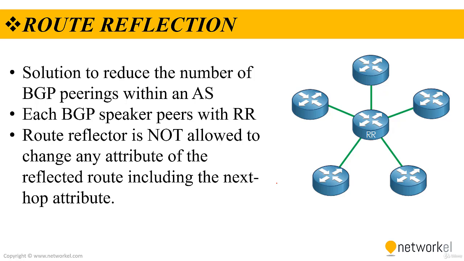Routing advertisements sent to the route reflector are then reflected out to all of the other BGP speakers. The route reflector reflects routes considered as best only. Additionally, a route reflector is not allowed to change any attribute of the reflected route, including the next hop attribute. This is so important, so keep it in mind, guys.